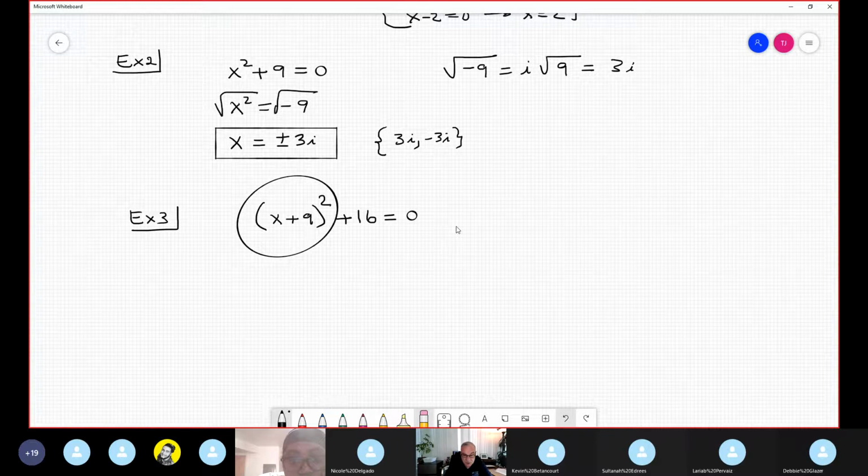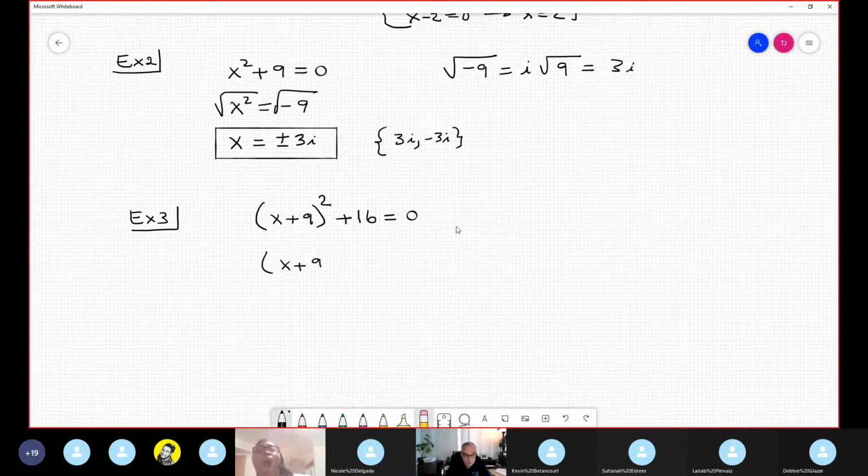And using the same idea of the square root, look, you isolate that part. You move 16 to the other side, and you apply square root, because I take advantage: I know the square root and the square power undo each other.